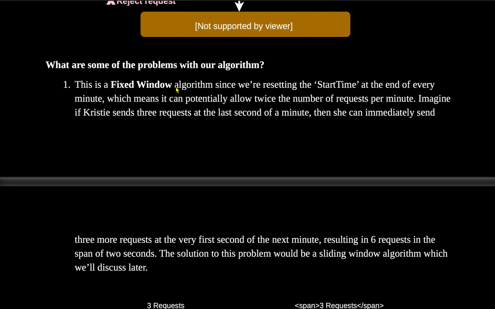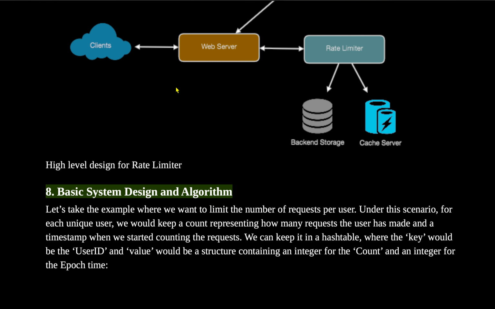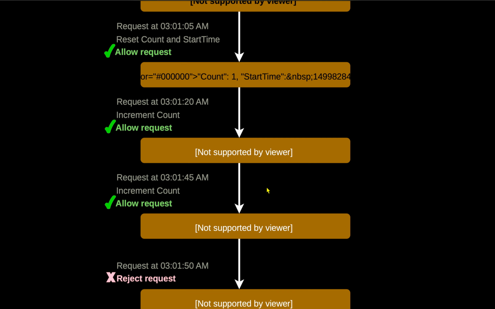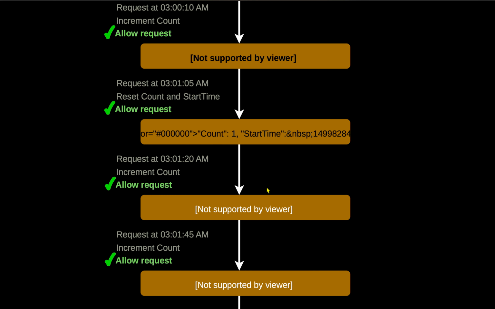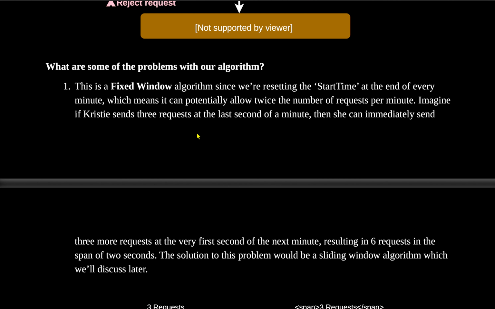So what are some of the problems with our algorithm? Obviously it is not a perfect algorithm. One of the problems we have seen earlier is that this is a fixed window algorithm, since we are resetting the start time at the end of every minute, which means it can potentially allow twice the number of requests per minute.